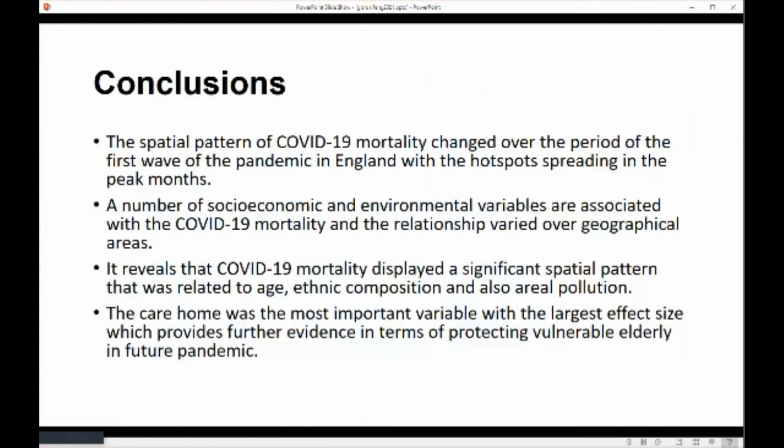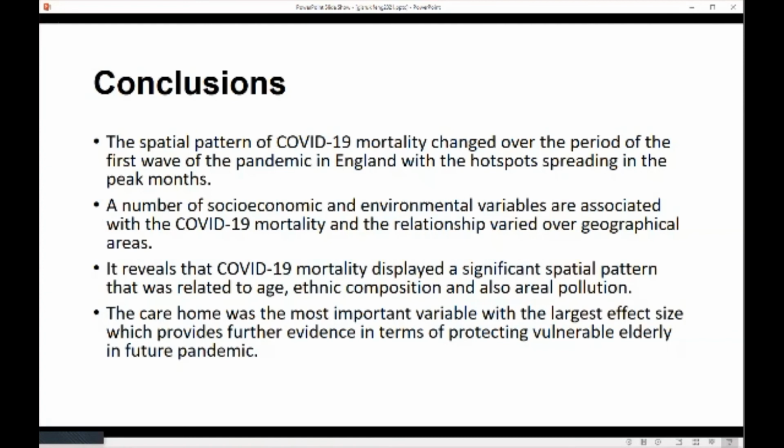So to conclude, our research has shown a spatial pattern of COVID-19 mortality change over the period of the first wave of the pandemic, and also the hotspots spreading in the peak months. A number of socioeconomic and environmental variables are associated with mortality, and these are consistent with previous research.